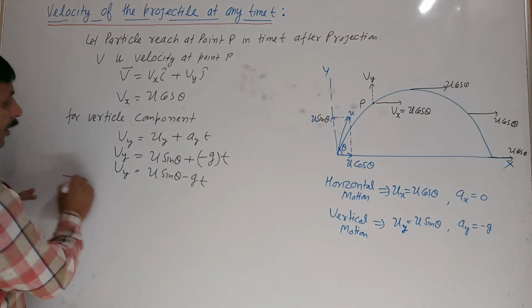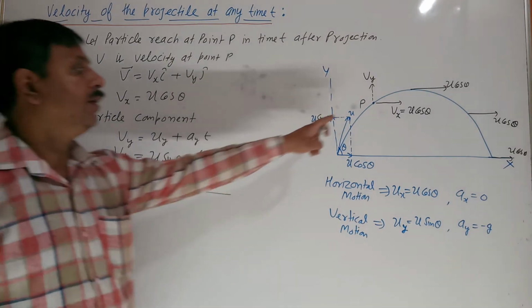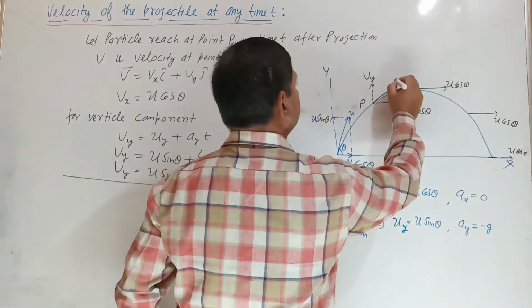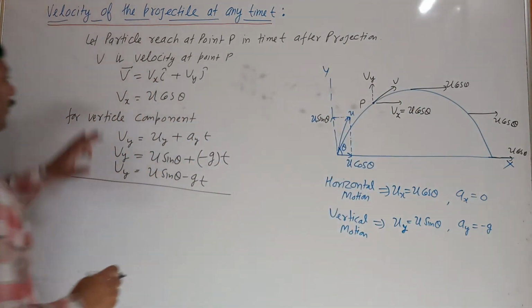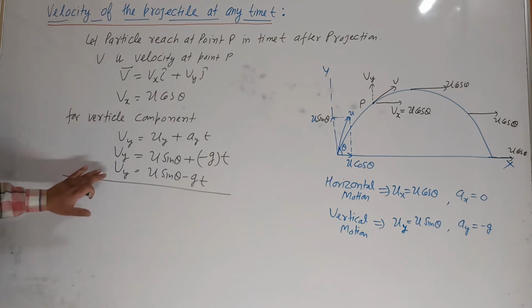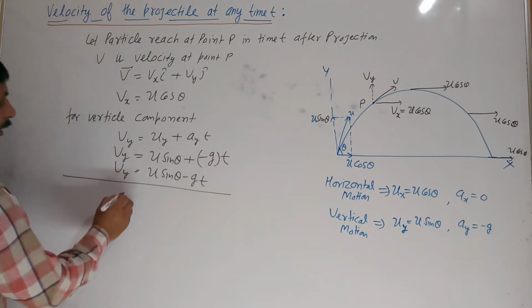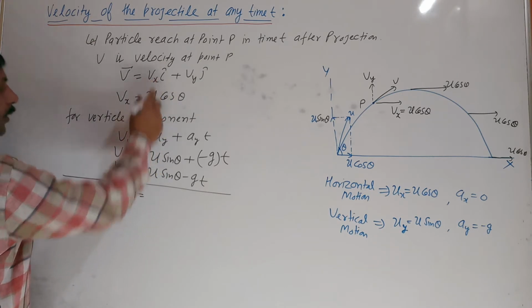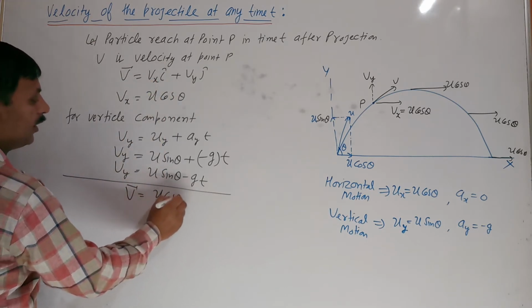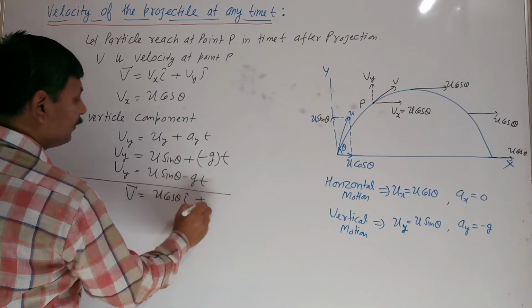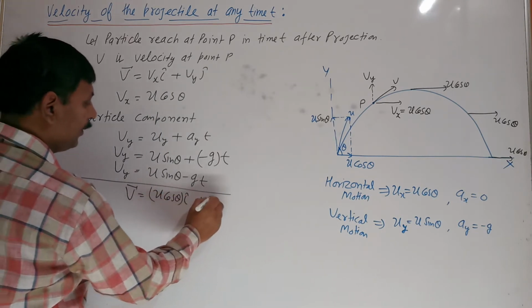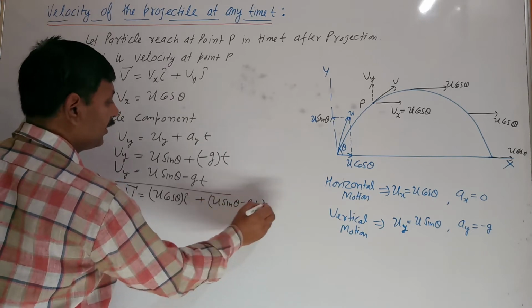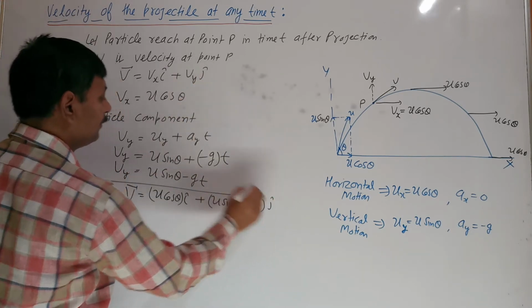So see here, we have to find the net velocity at point P. What will be the velocity at point P? The horizontal component you know, the vertical component you know. If you want to write it in vector form, that will be u cos theta i cap plus (u sin theta minus gt) j cap.